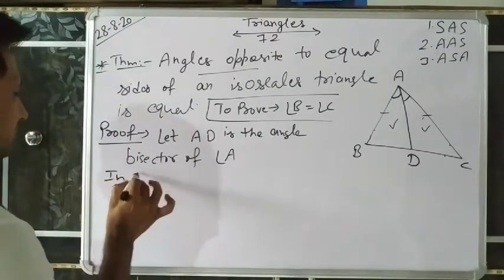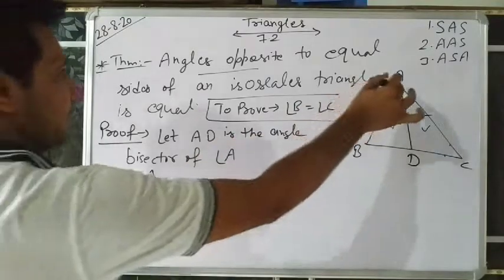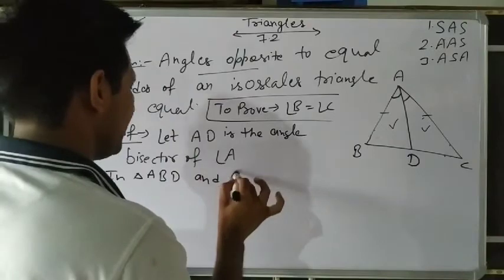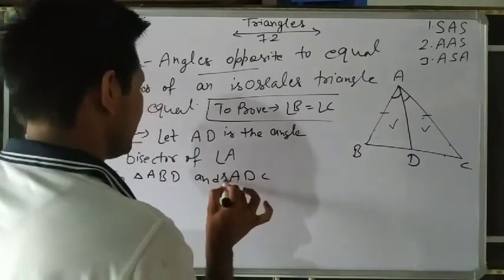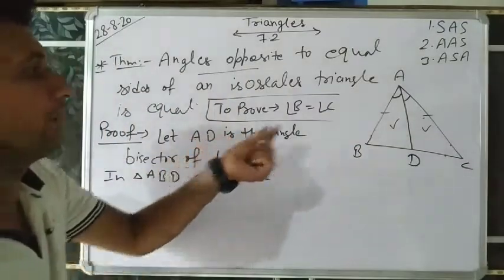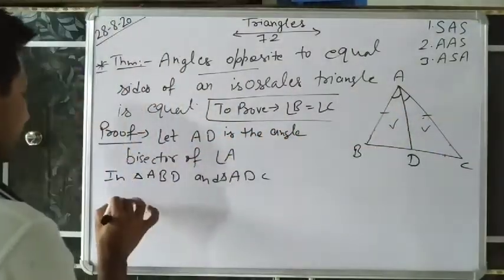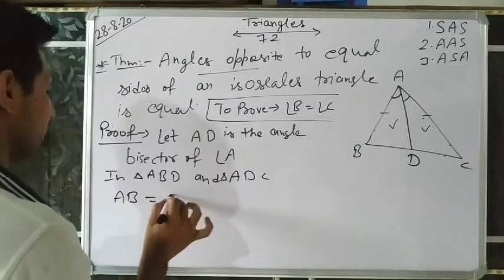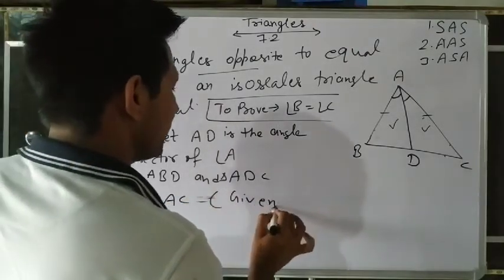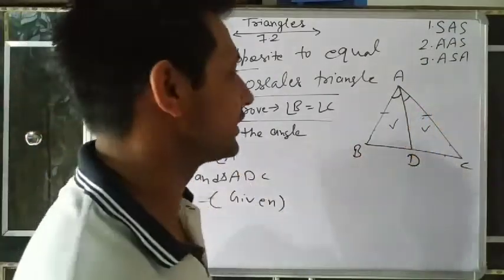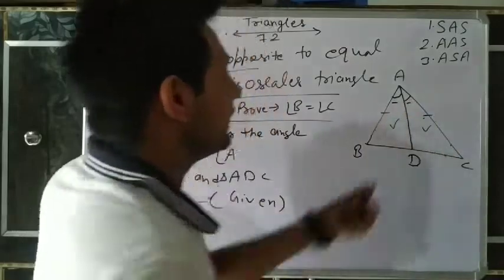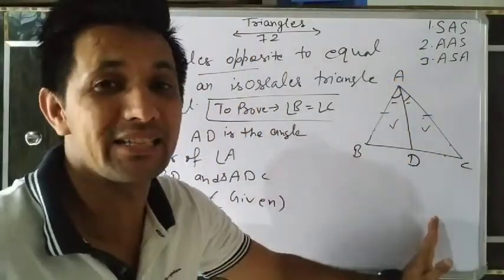in triangle ABD and triangle ADC: AB equals AC. It is already given because it is an isosceles triangle. Next is angle, and this one is also equal because AD is the bisector.